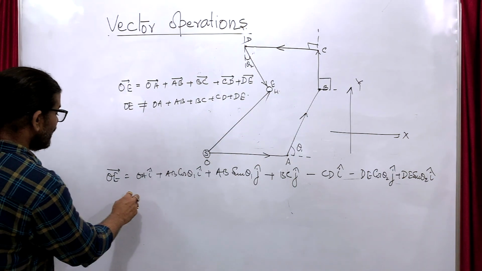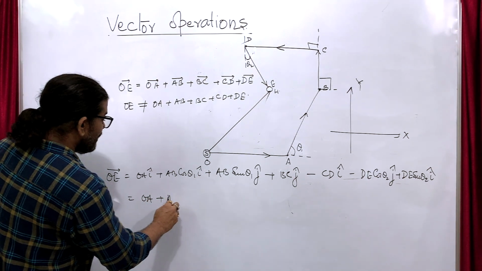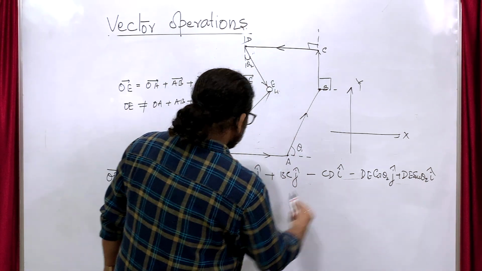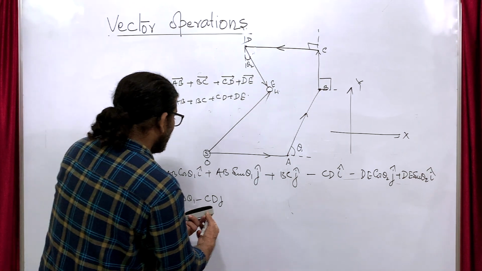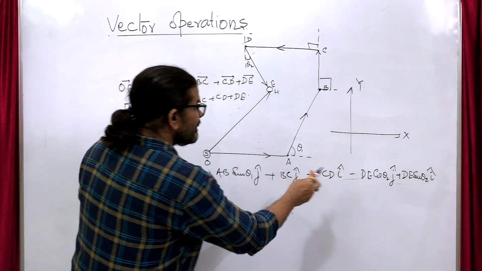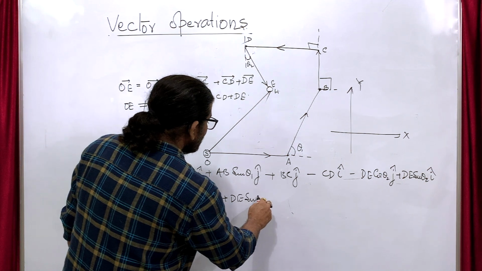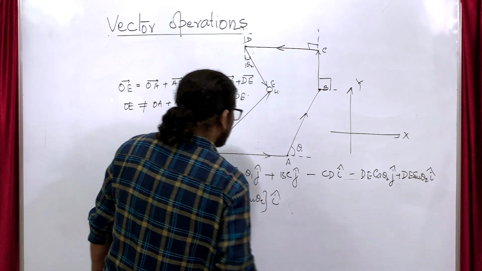So now see, OA plus AB cos theta 1 minus CD plus DE sin theta 2, this is the i component, multiplied by i cap.